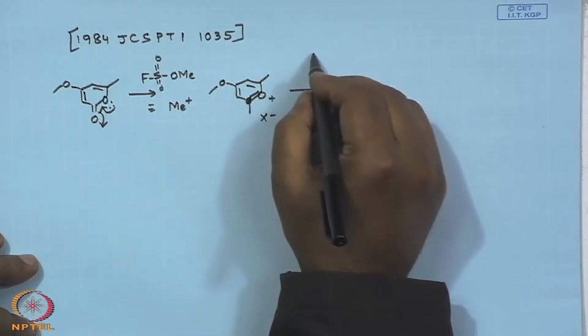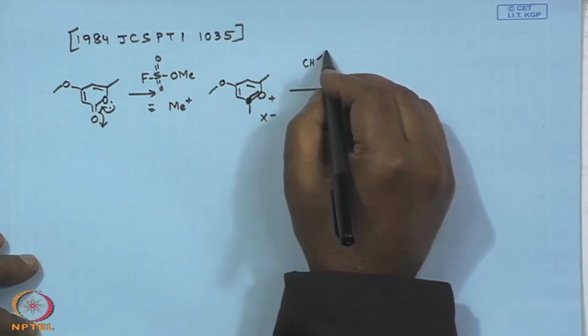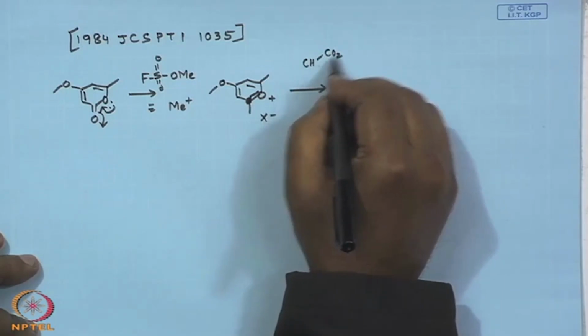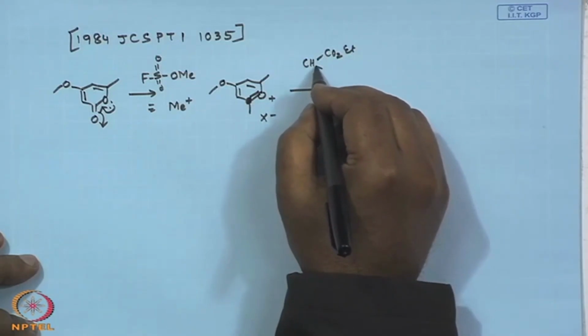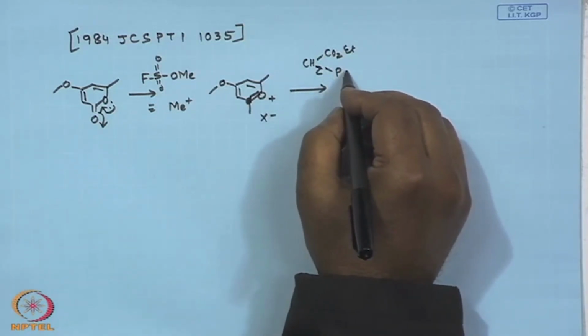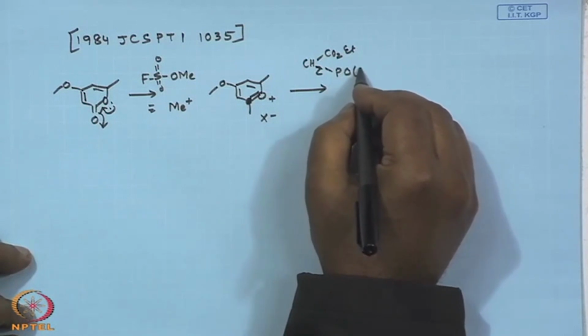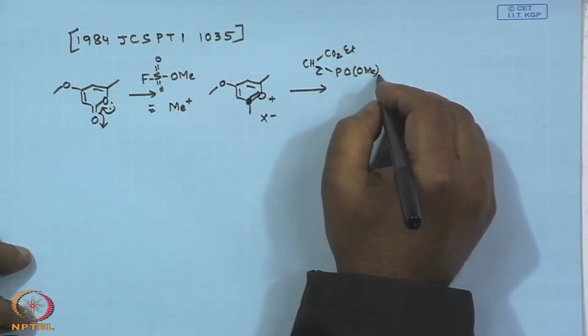If you now react with a phosphonate salt, the phosphonate is basically an ester containing the CH2, then phosphorus and oxygen, in this case a methyl phosphonate.